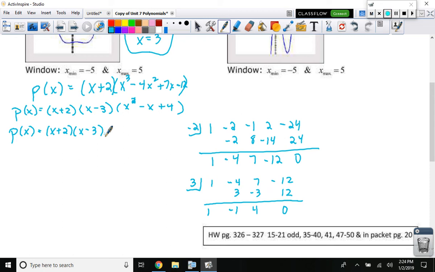That becomes what? Your final answer, based off these directions wanting a monomial, is this, and that's your area.